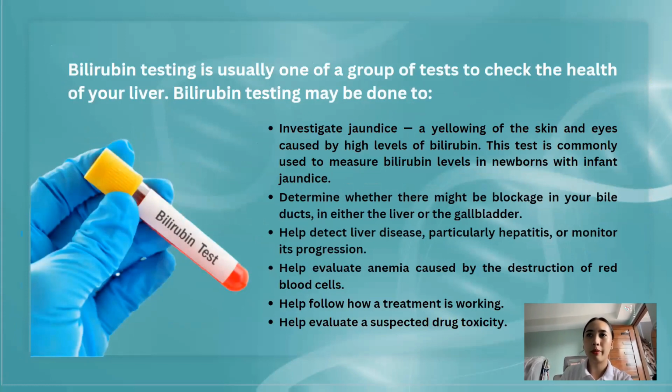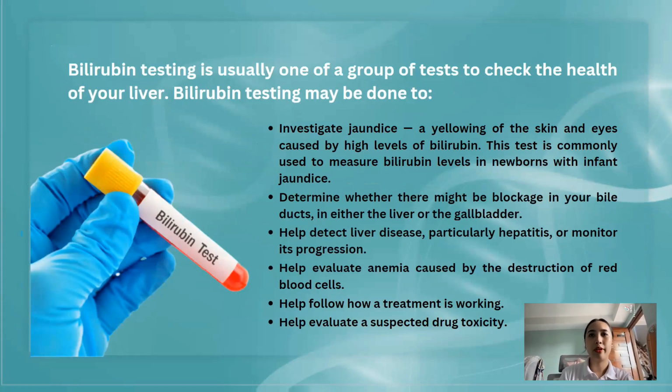Bilirubin testing may be done to investigate jaundice, a yellowing of the skin and eyes caused by high levels of bilirubin. The test is commonly used to measure bilirubin levels in newborns with infant jaundice. Determine whether there might be a blockage in your bile ducts, in either the liver or the gallbladder.